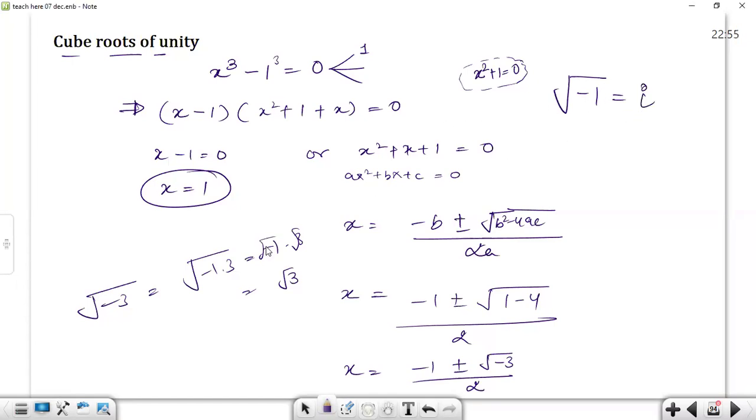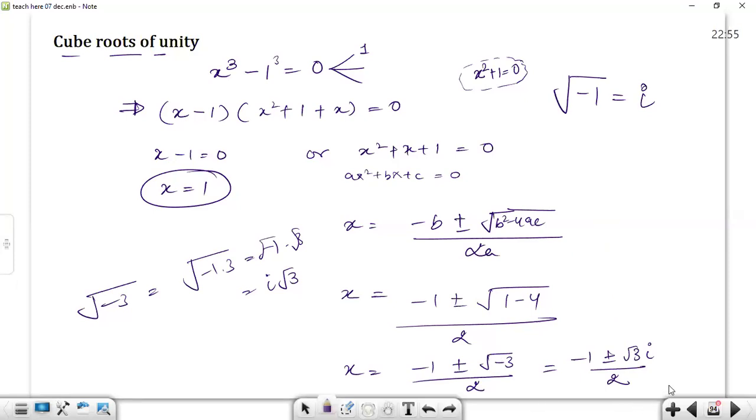This is iota, okay? So this becomes iota. So this can be written as 1 minus plus minus root 3 into iota divided by 2. So now these are two values of x. One is minus 1 plus root 3 iota. Let me write in a fresh page.